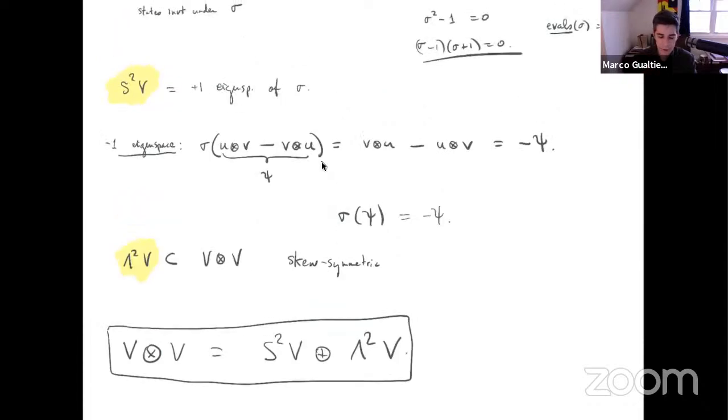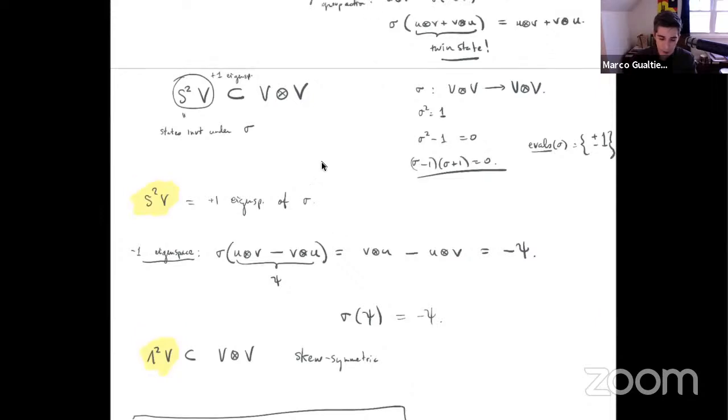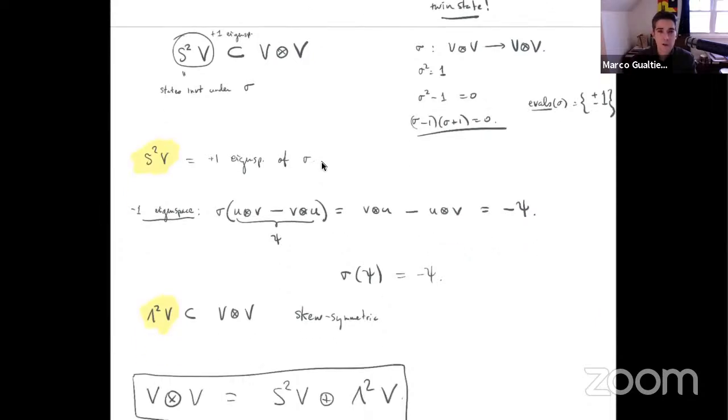Okay, so why am I talking about the minus 1 eigenspace? This is exactly what Christopher was saying: if I have a state in Hilbert space and I compare it to a scalar multiple of it, those are different vectors, but they generate the same line. So they generate the same physical state.